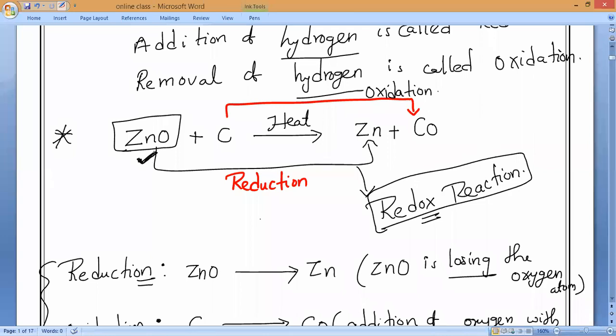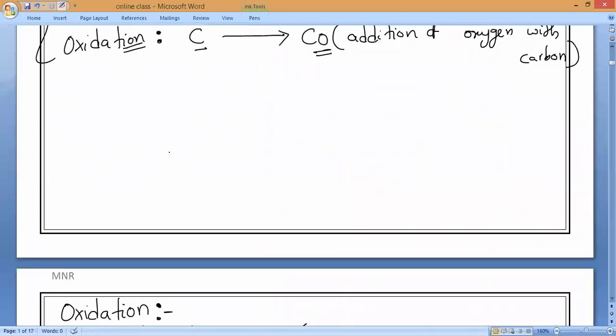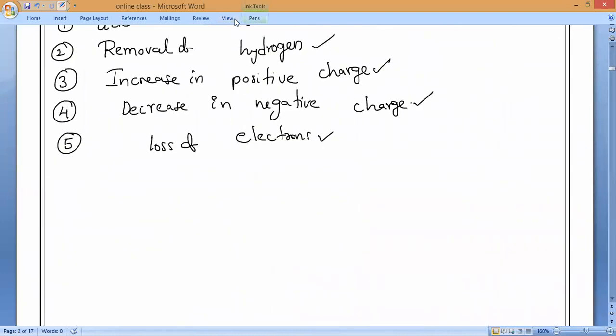So zinc oxide is the source of oxygen. That is why zinc oxide is called the oxidizing agent. What do you mean by agent in our local language? A person who will supply something. Yes or no?